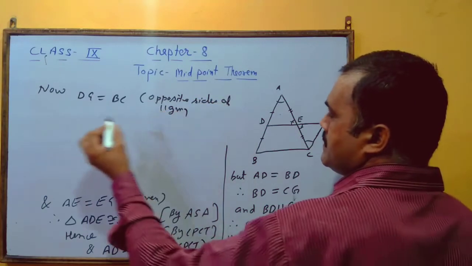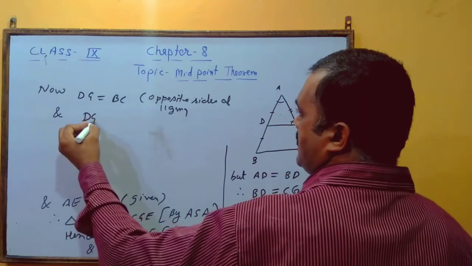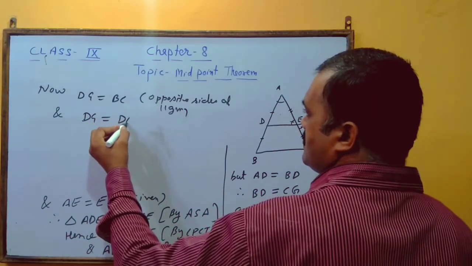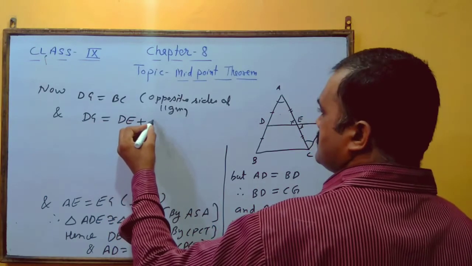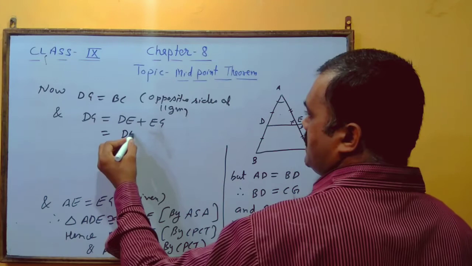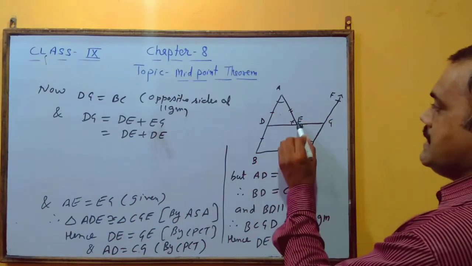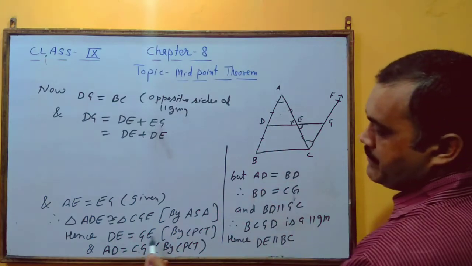DG is equal to DE plus EG, which is equal to DE plus DE, because this DE is equal to GE we have already done here by CPCT.